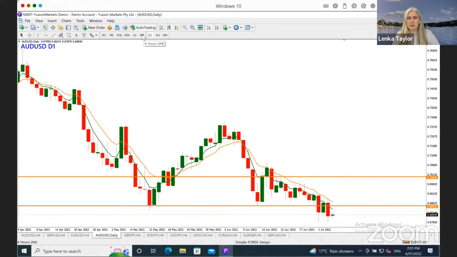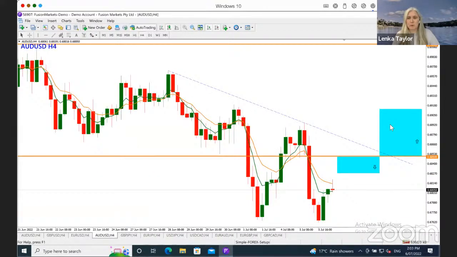If we have price again back up above that level of previous support, then we would look for a long opportunity. But if it stays below and shows a reversal underneath, then we would be looking to continue with the short. So at the moment, it's sort of in the middle, and we need to see that confirmation.